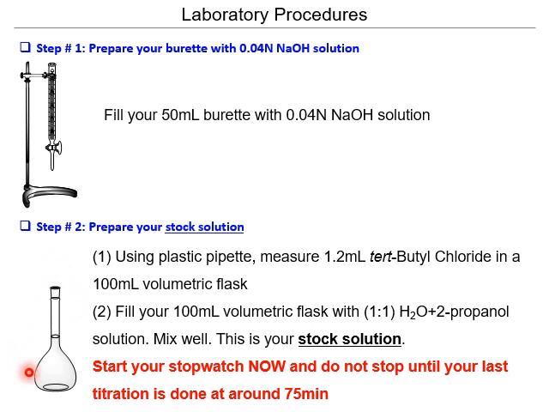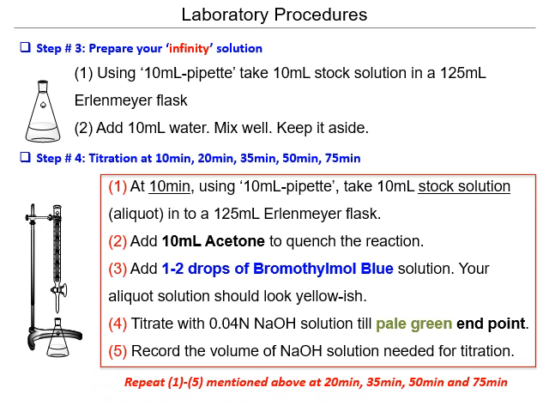This will be where you will draw your alkyls and conduct your reaction. So after you add and combine them, you should start measuring time with the stopwatch then. You also must prepare your infinity solution, after you conduct the titrations after this amount of time.